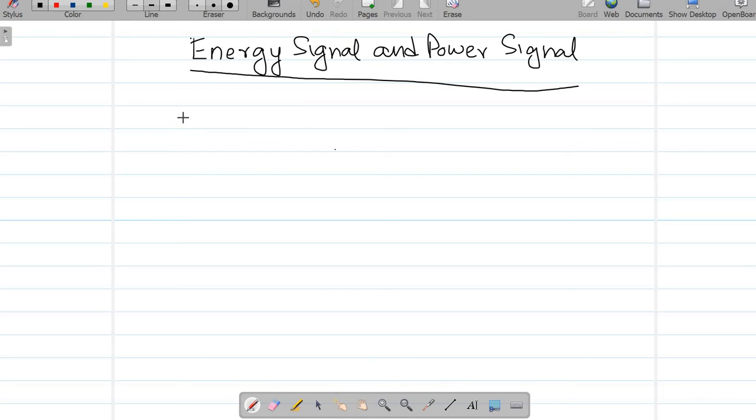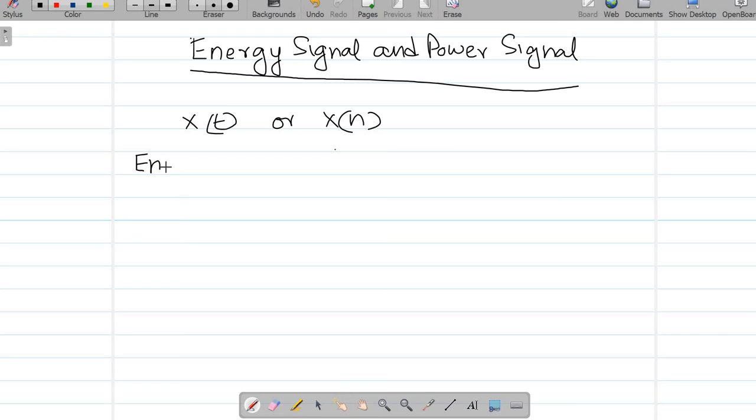Suppose we are having x(t), a continuous time signal, or x(n), a discrete time sequence. Then we can check whether the given signal is an energy signal or a power signal. So first we should understand what is meant by energy signal.